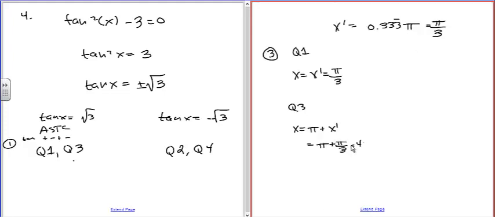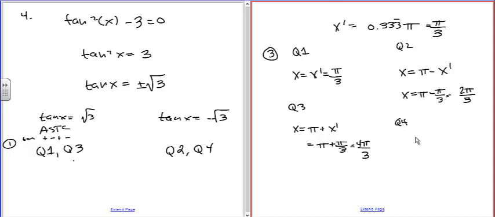So that's 4 pi over 3. Over here with the negative square root of 3, you get the second quadrant solution, which is pi minus the reference angle. So you get x is equal to pi minus pi over 3. So that's 3/3 minus 1/3. So you get 2 pi over 3.